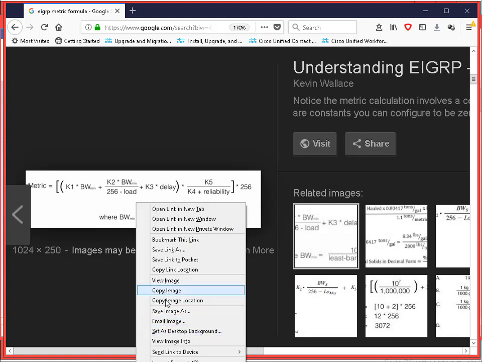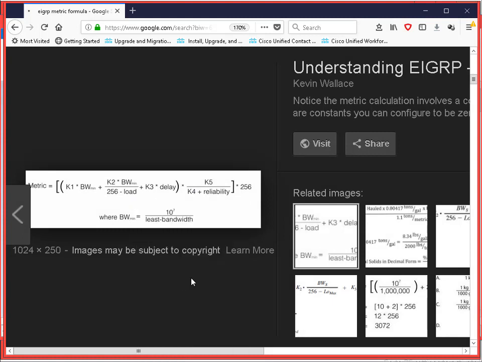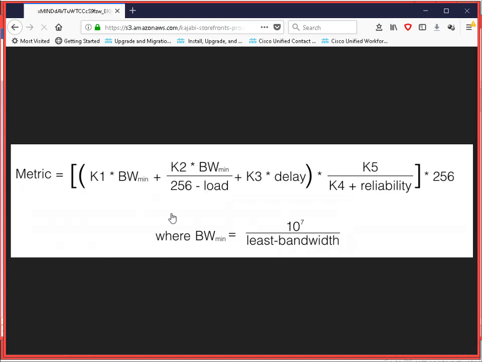If you look at this formula, it looks rather complicated, right? The metric is equal to K1 times the bandwidth, where bandwidth is 10 to the power of 7 divided by the least bandwidth, and that's in kilobits per second, by the way, times K2 times the bandwidth divided by 256 minus the load plus K3 times delay.